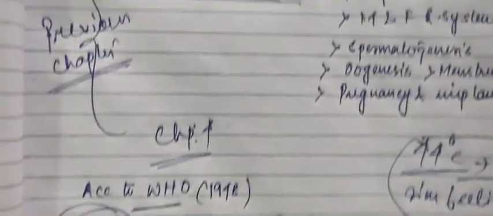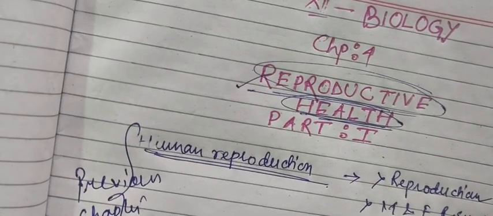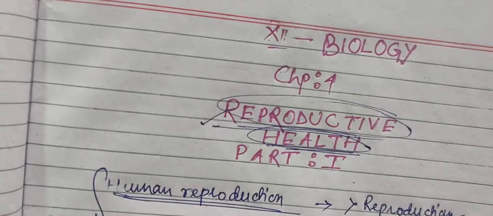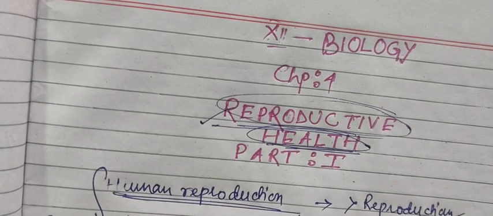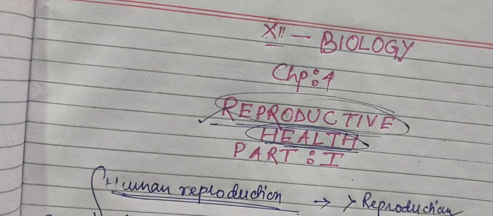So let's revise once again fast, what is the meaning of reproductive health? You can say that reproductive health is the health of our reproductive organs.